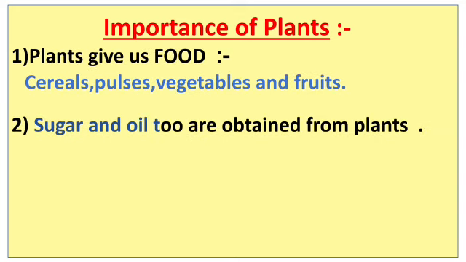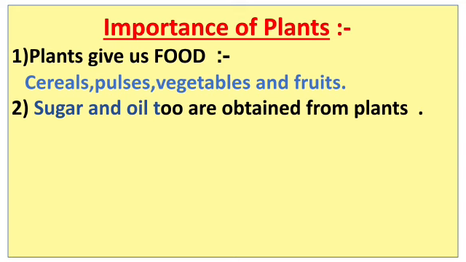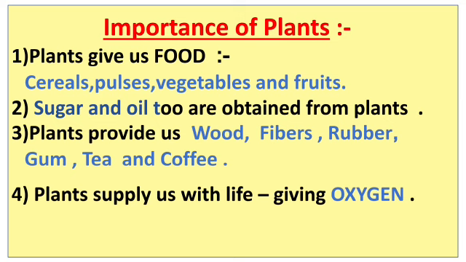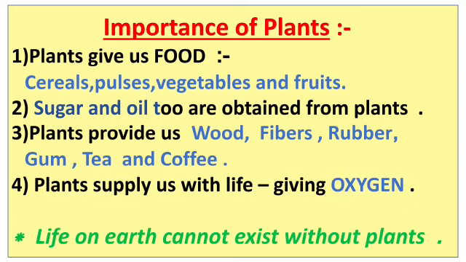Sugar and oil are obtained from plants. Plants provide us wood, fibers, rubber, gum, tea and coffee. Plants supply us with life-giving oxygen, and this is very important. Life on the earth cannot exist without plants.